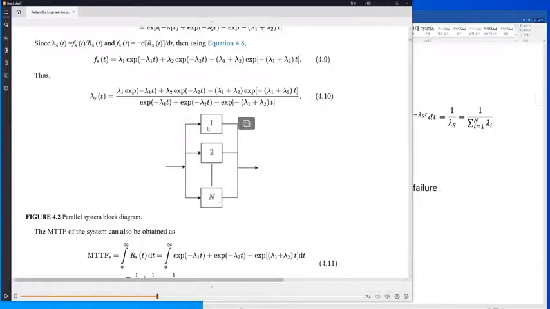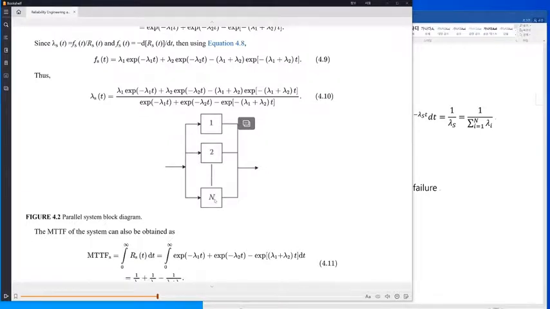In that case, we place not only one computer, we place several computers that perform the same function. So if any of those redundant computers are working, then the system will be fine. So that is the case for parallel configuration. In this configuration, the system fails only when all the components fail.